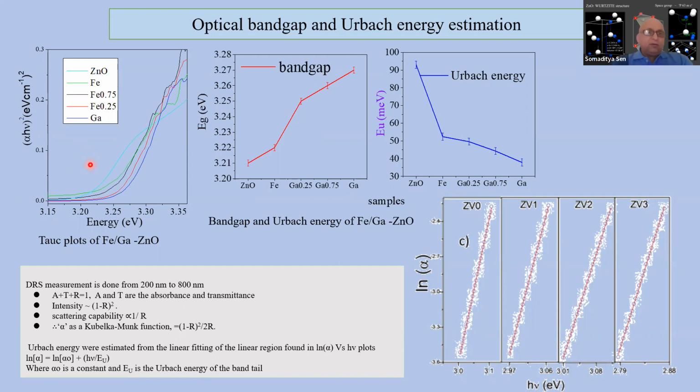Okay. Now, this is a typical zinc oxide, iron doped zinc oxide, and gallium doped zinc oxide absorption spectra. And you can see the band gap has increased as you go from iron doped to gallium doped. And as a result, the Urbach energy has decreased. Now, why is this so? This Urbach energy is related to disorder.